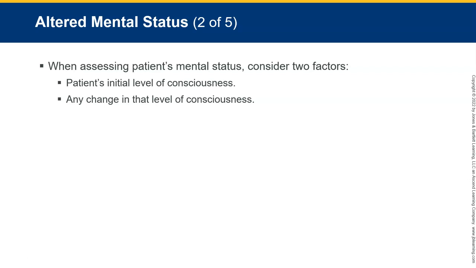We want to map this out: when we made initial contact, she was alert and oriented. Then she clutched her chest, fell out of the chair onto the floor, and became unresponsive. It's really important to establish that baseline, much like we do with vital signs, so we can trend things and see how things are changing.